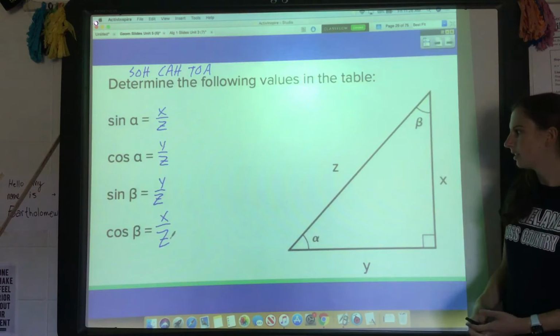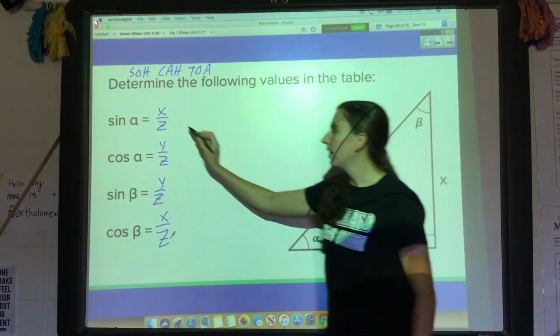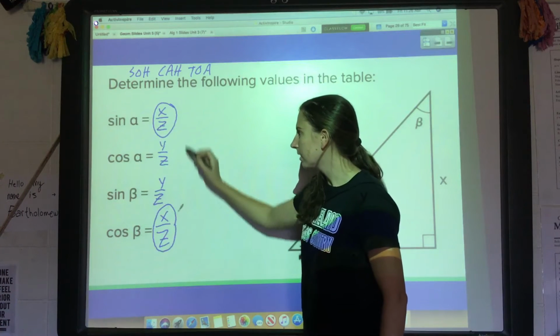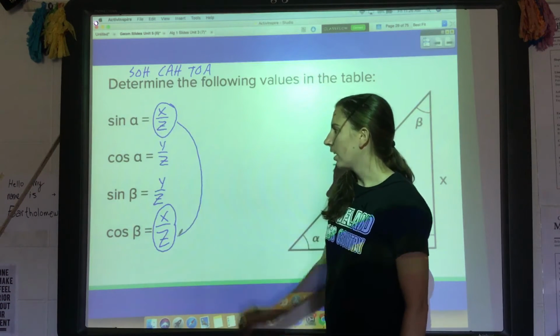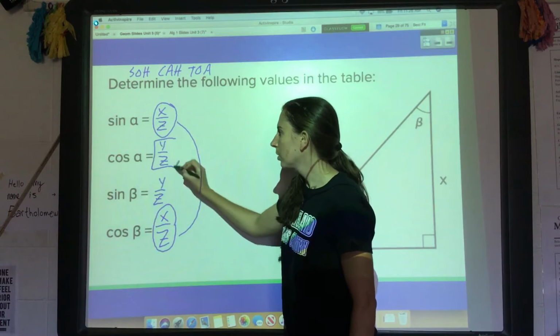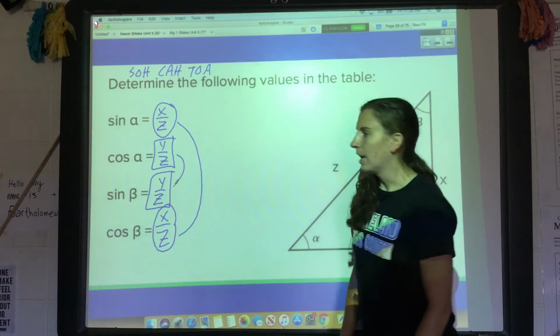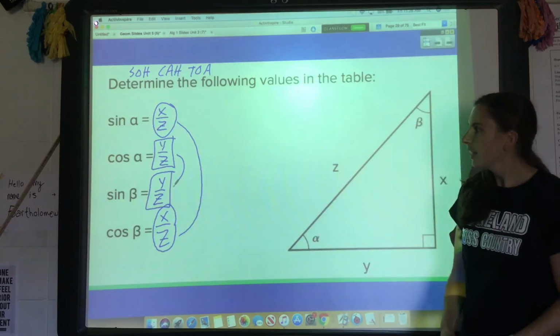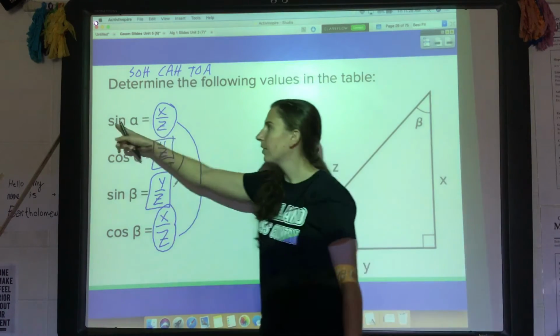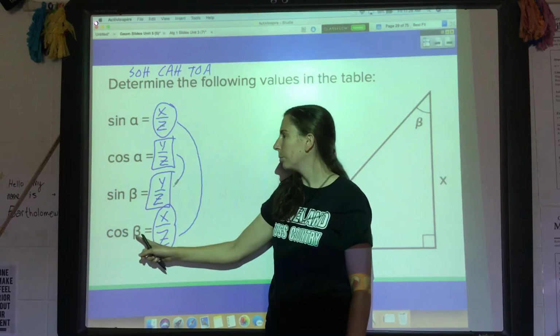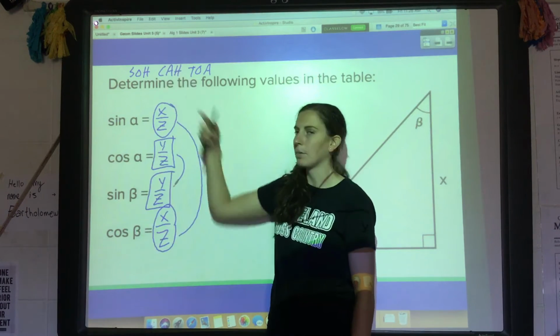So you may notice that this is the same as this. And also these two, this one is the same as this one. And that's no accident. That's because the sine of angle A is the opposite over hypotenuse, and the cosine of angle B is the adjacent over the hypotenuse.